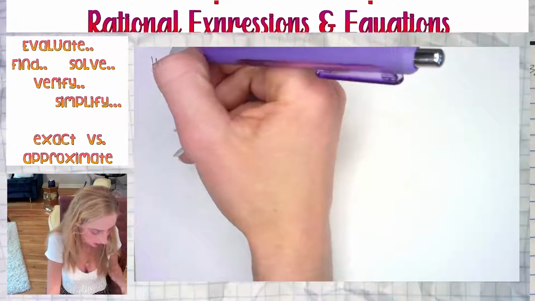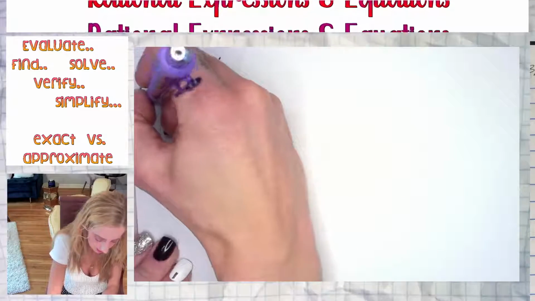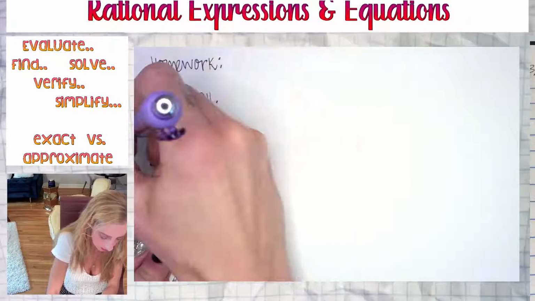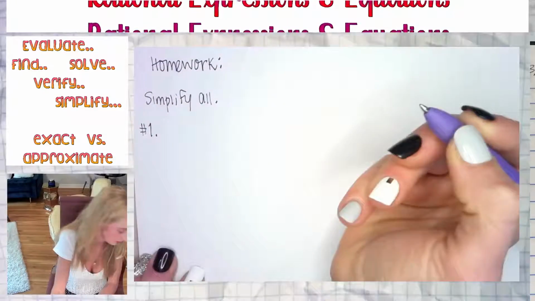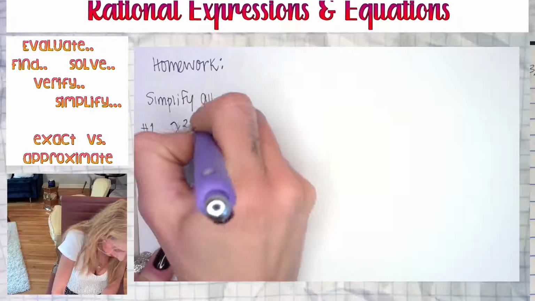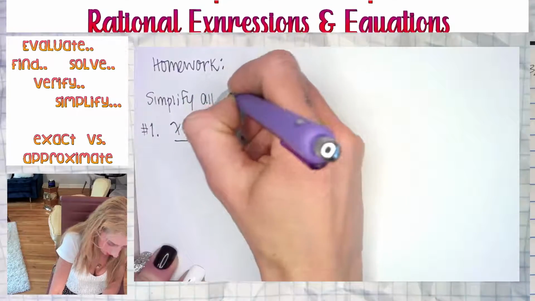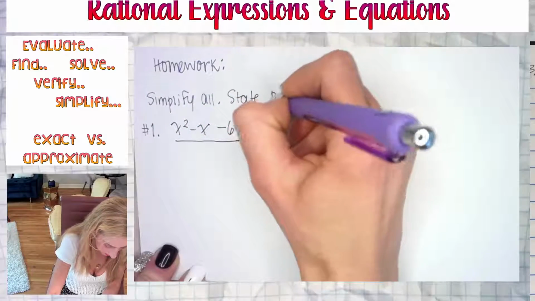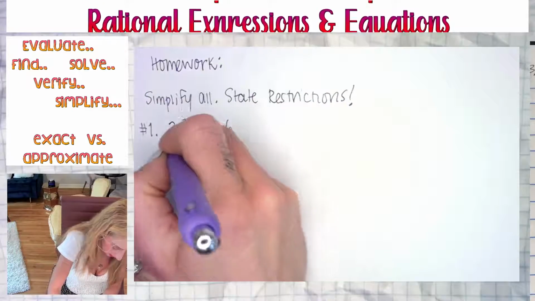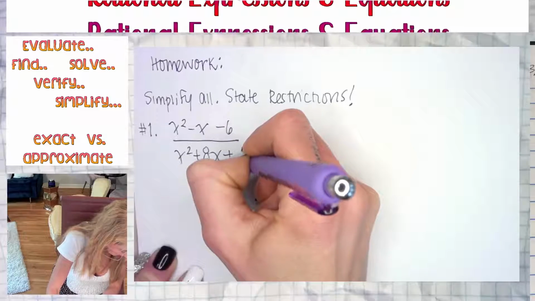So your homework is going to be more simplifying, just like those. Simplify all. Number 1 will be x squared minus x minus 6 over, and then we'll also put state restrictions, x squared plus 8x plus 16.